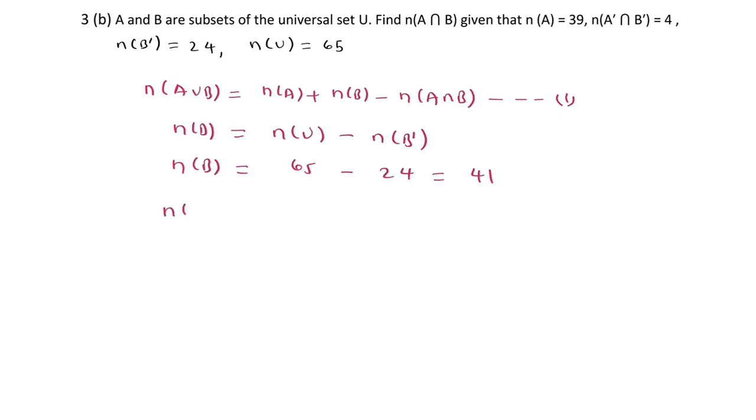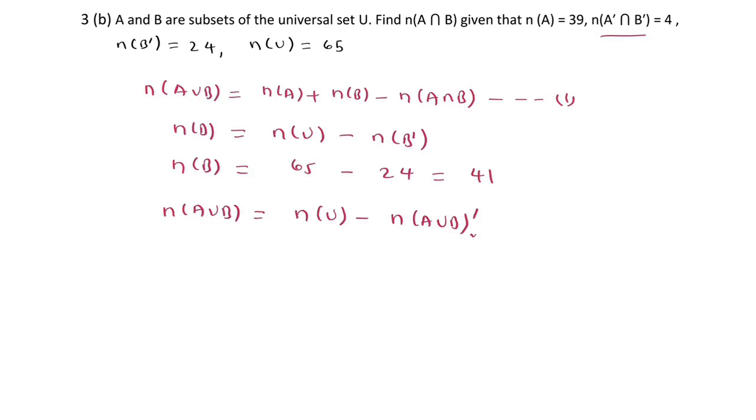Also, the number of A union B equals the number of the universal set minus the number of A union B complement. We have been given the number of A complement intersection B complement equals 4, and the number of A complement intersection B complement equals the number of A union B complement.